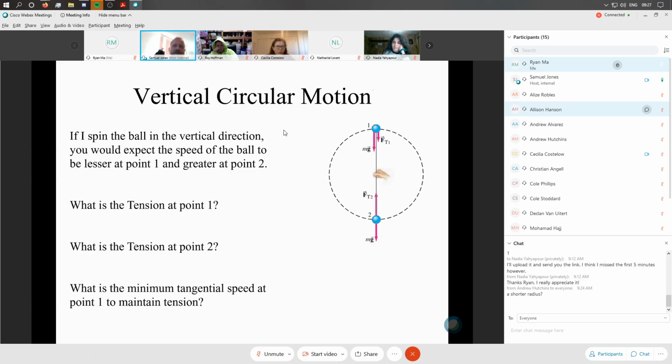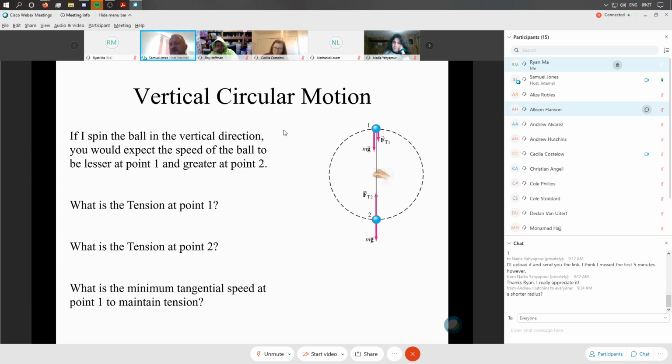Here's the thing. If it were a solid wheel, it would be uniform motion, like a Ferris wheel or an actual wheel. Because it's a solid, all the points have to rotate at the same rate. But if it's a mass on a string, what do we expect to happen? As it goes up, we expect it to slow down, and as it goes down, we expect it to speed up.